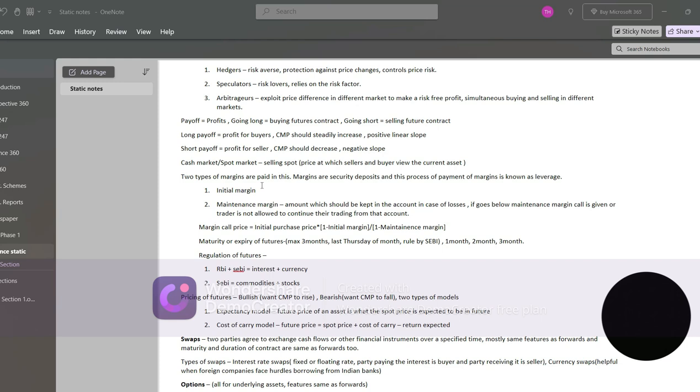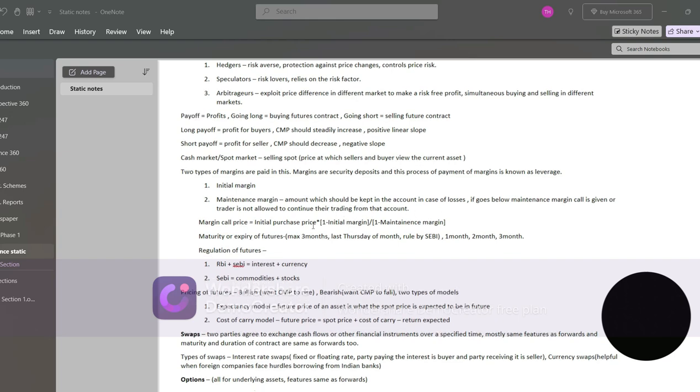This is done so that there is enough money for the person to be able to repay in case of any losses. The maintenance margin is also an amount which should be kept in the account in case of any loss. It should be kept throughout the whole time, and if the money goes below the maintenance margin, a call is given, or the trader is not allowed to continue trading from that account. Okay, that is all.